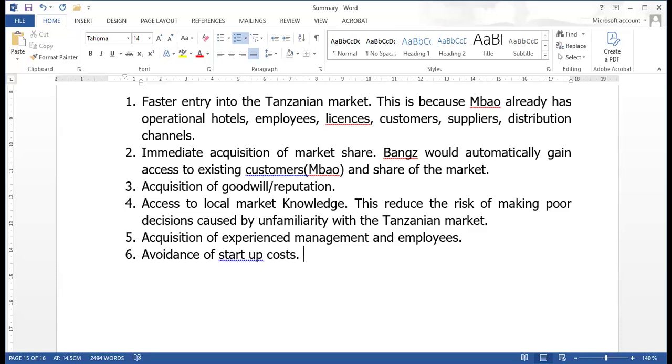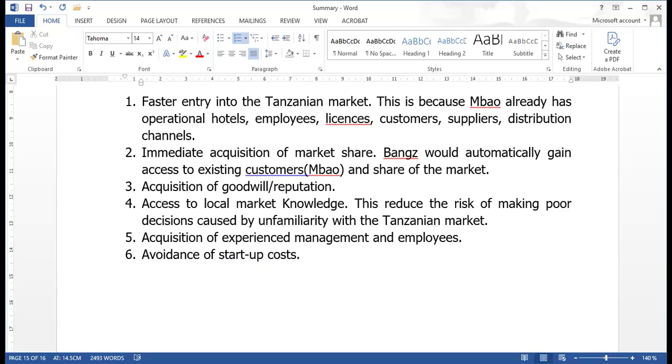You need to acquire land. You need to do the construction. You need to do the furnishing. You need to do the recruitment. You need to do the training. You need to do the advertisement. You need to do the installation of the information systems. All those are startup costs that you may incur. But when it is through acquisition, you obtain an already operating business.